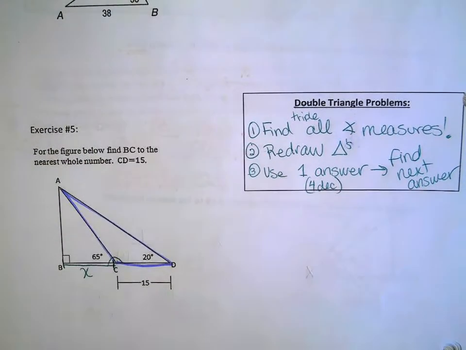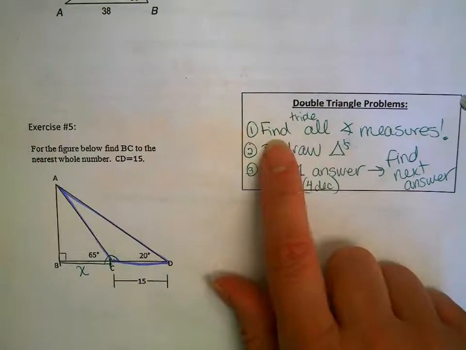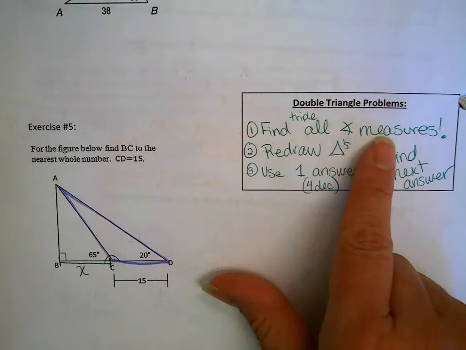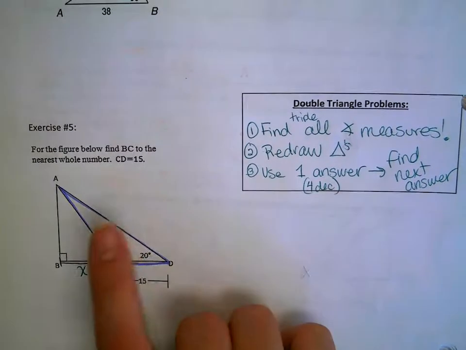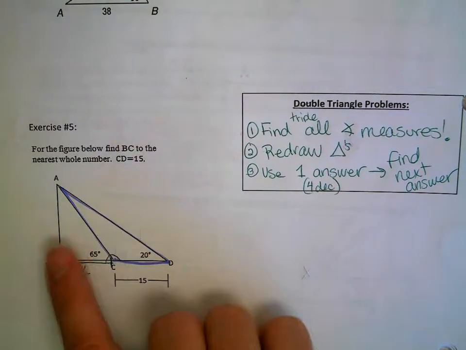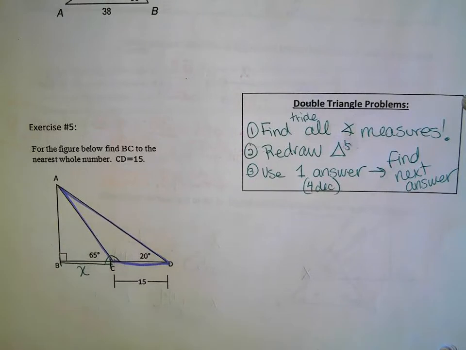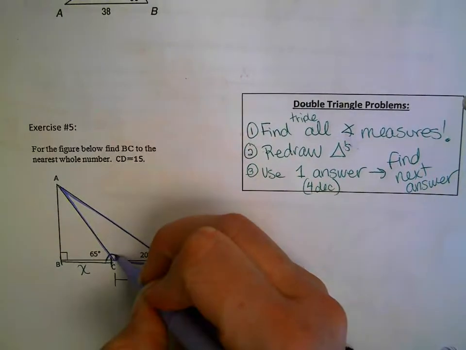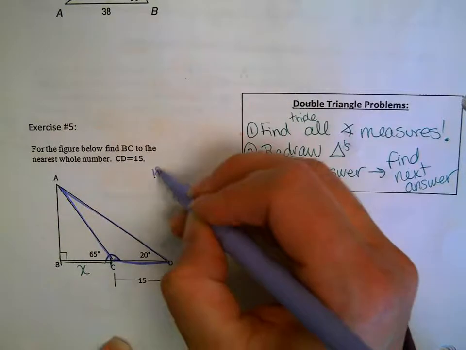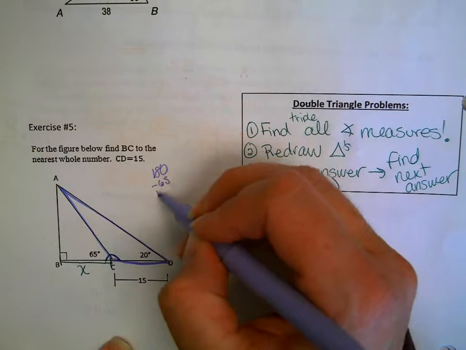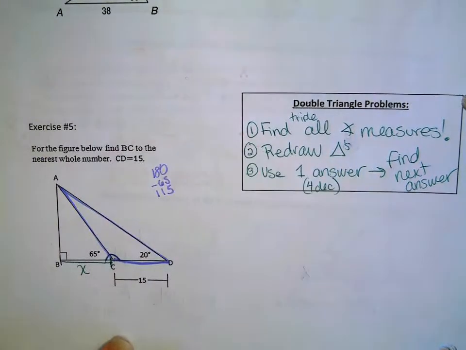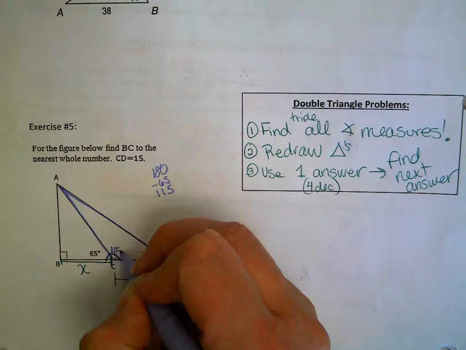So what we're going to do, again, first step is to find all of our angle measures. We need to use this purple outline triangle here in order to help us with this other one. So these 2 angles, as I said before, add to 180. So 180 minus the 65 is going to give us 115. Yes, I'm typing it in just to triple check myself.